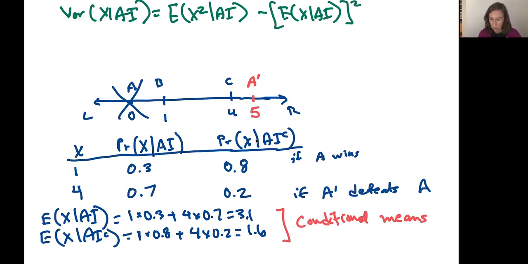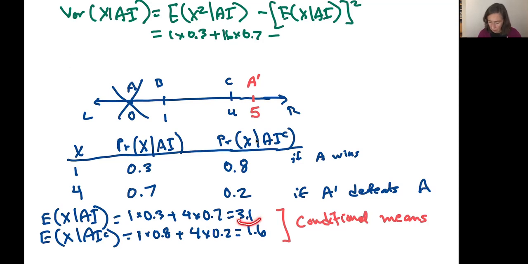And okay, so what is that? It's expected value of X squared conditional on AI. So again, I'm using this set of numbers. It's 1 squared is 1, so 1 times 0.3 plus 4 squared is 16. 16 times 0.7 minus the expectation squared.